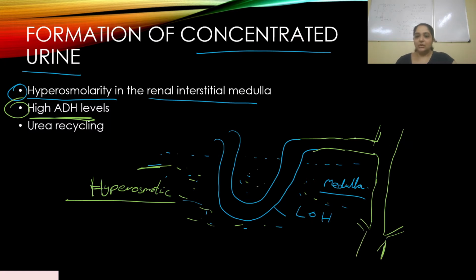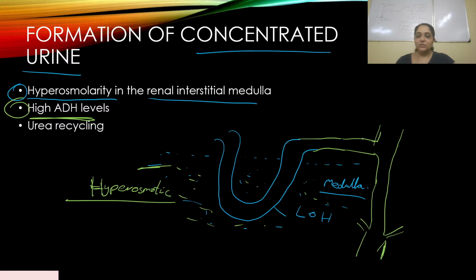In the later distal tubule, the cortical collection tubule and the medulla collection tubule, there are receptors for ADH. Most of the water is reabsorbed in the later distal tubule and the cortical collection tubule. There is some water reabsorption happening in the medulla, but most of it is happening in the cortical collection tubule and the late distal tubule.